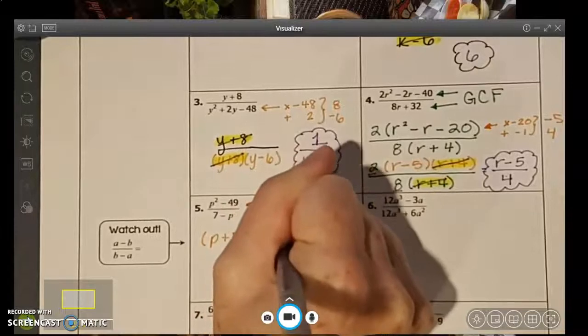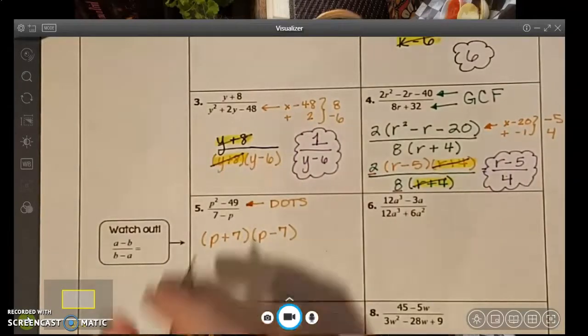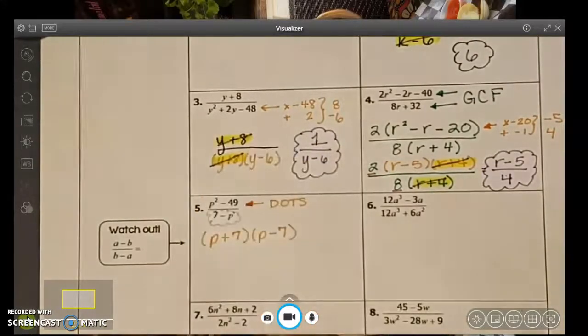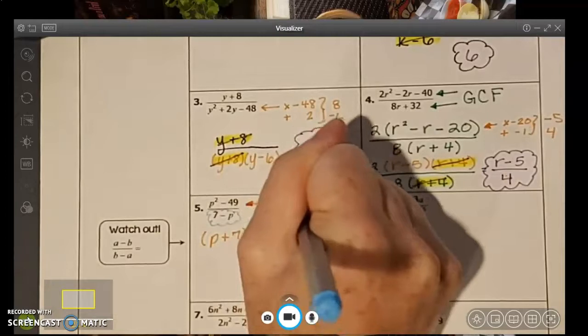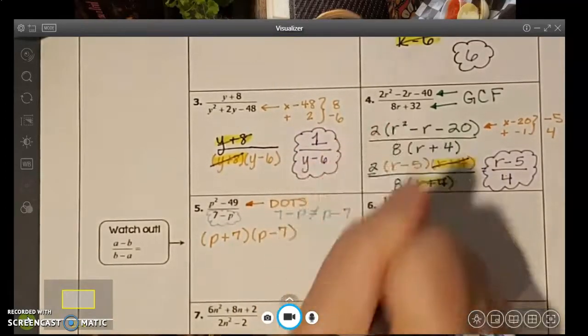And our denominator, now this is where we have to be careful. Our denominator is 7 minus p. This is not the same as p minus 7. I'll write it here, 7 minus p does not equal p minus 7. Subtraction is not commutative.